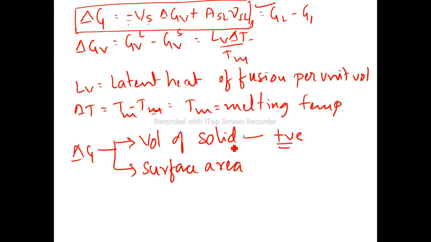So formation of a new solid has a negative effect on delta G. It reduces the Gibbs free energy, right?